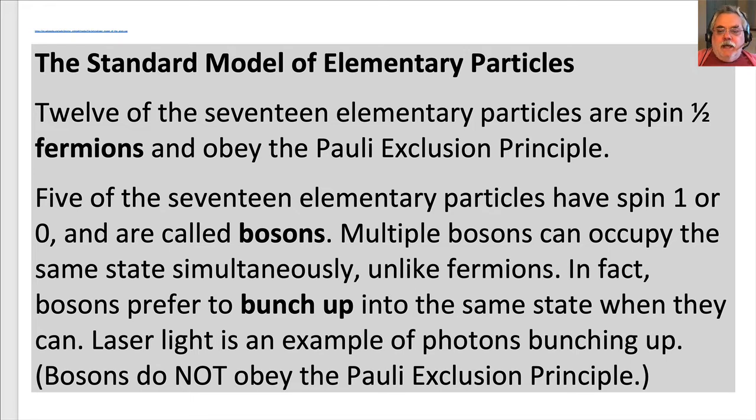Multiple bosons can occupy the same state simultaneously, unlike fermions. In fact, bosons prefer to bunch up into the same state when they can. Laser light is an example of photons bunching up. Bosons do not obey the Pauli exclusion principle.